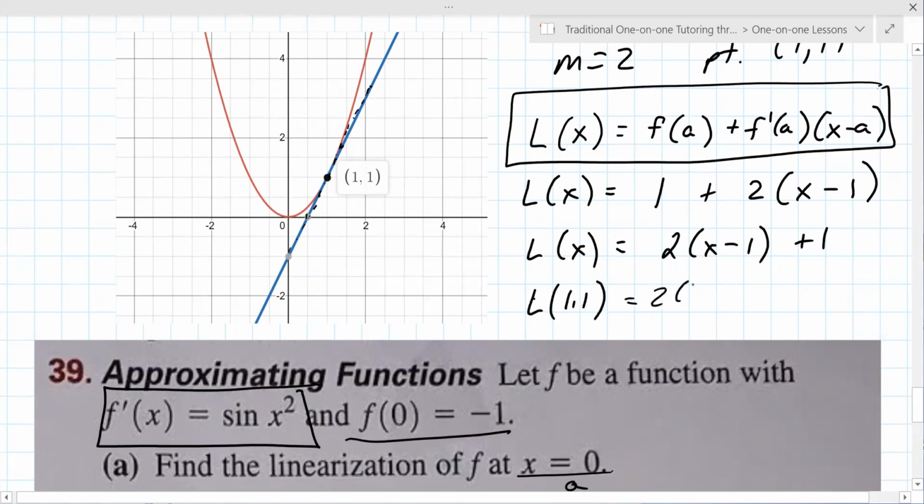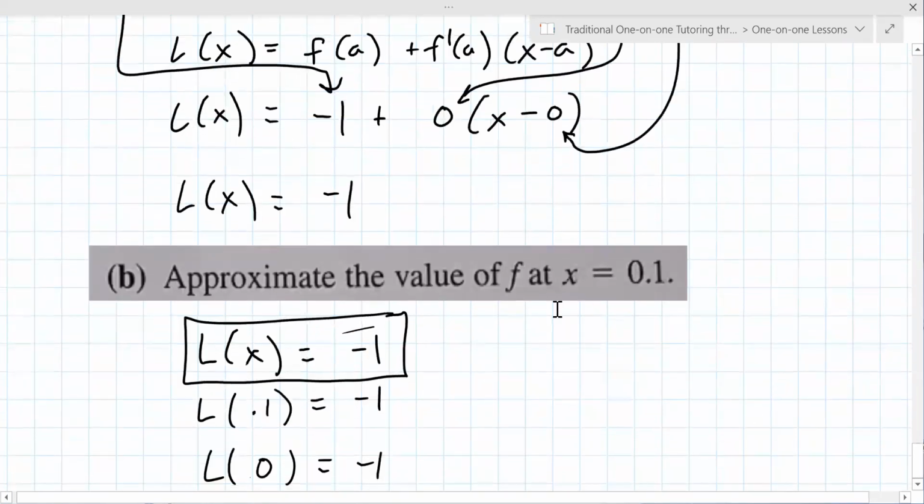You would put 1.1 in for x. So why don't you do that for the other one? Because there's no x, and that's why they said it's a bad problem. Oh, because the linearization that we got is just a single number. Yes, it's constant valued, so it's always the same. Okay. So it's not all that interesting.